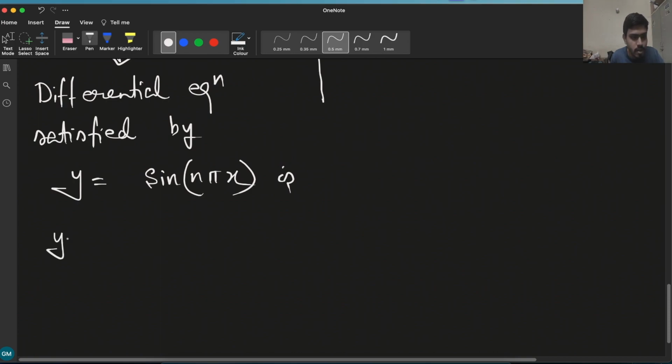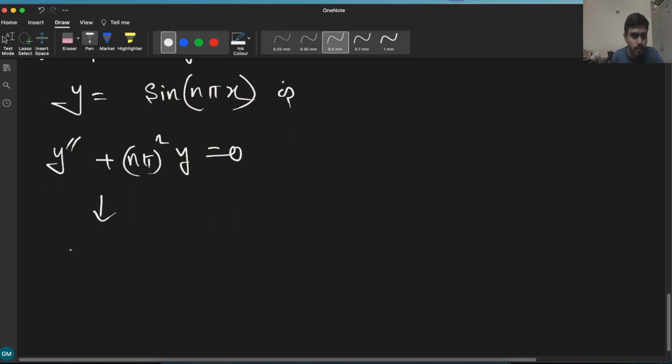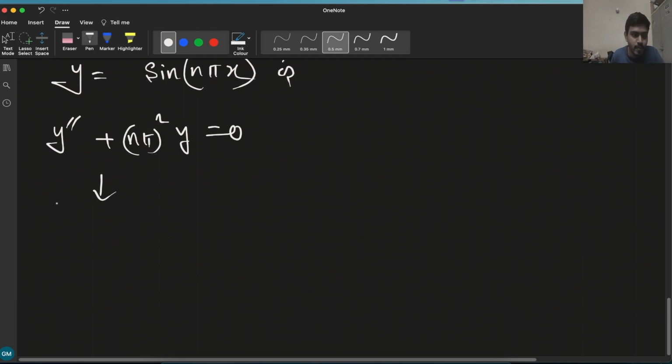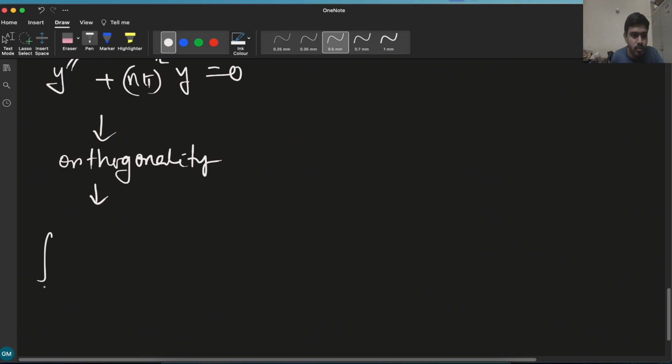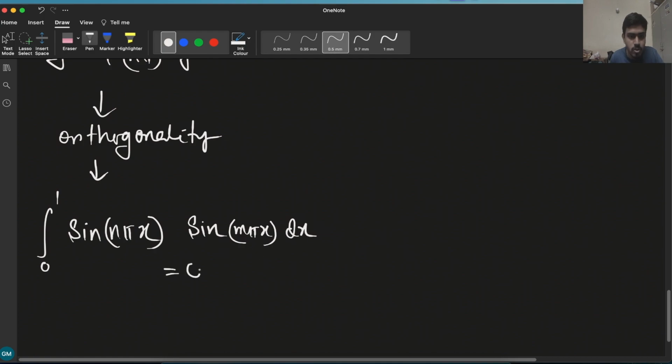is basically y double dash plus (n pi) whole square y equals 0, and the orthogonality condition is given by the integration from 0 to 1 of sine of n pi x times sine of m pi x dx equals 0 if m is not equal to n.